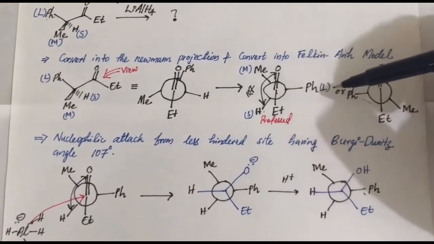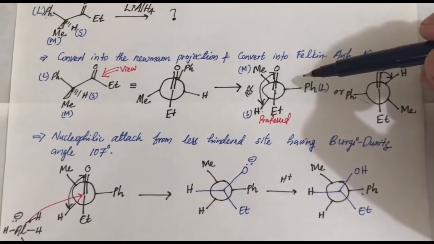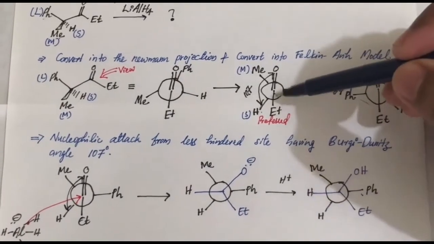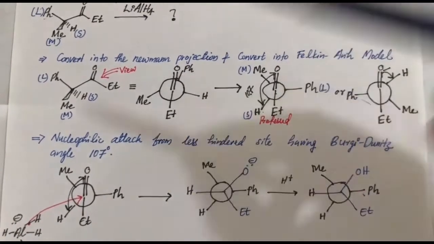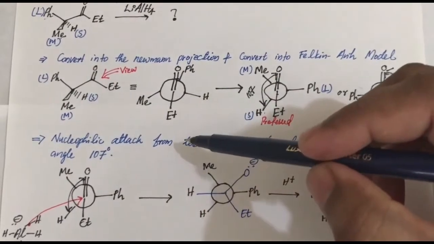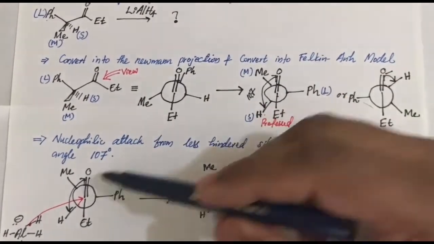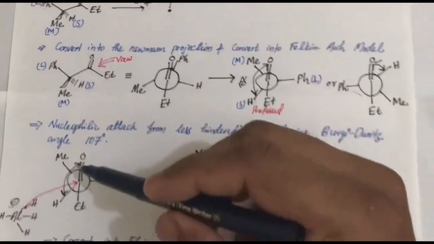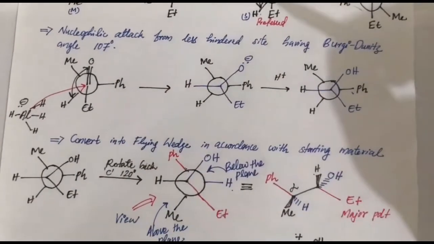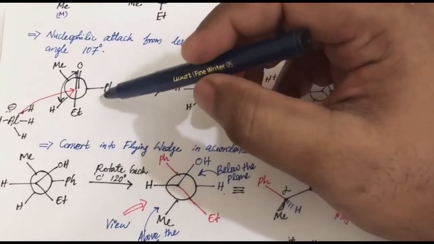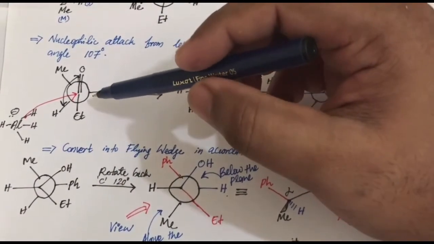That angle is called the Bürgi-Dunitz angle. Okay, so this is the preferred conformation. The nucleophilic attack is from the less hindered site having the Bürgi-Dunitz angle of 107. So we have taken this as our preferred conformation. Now what will happen?